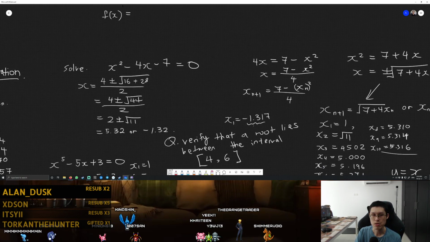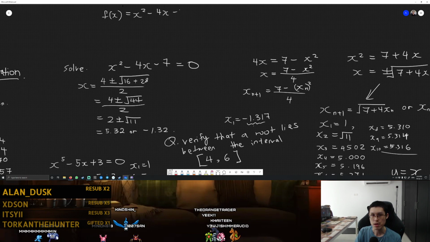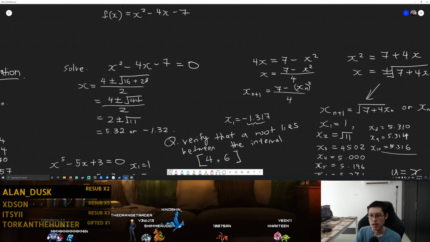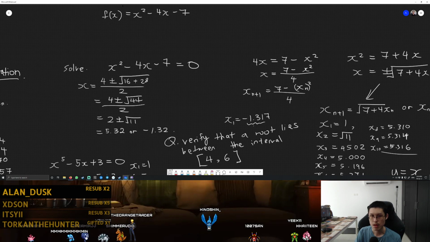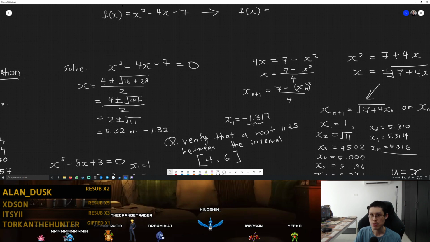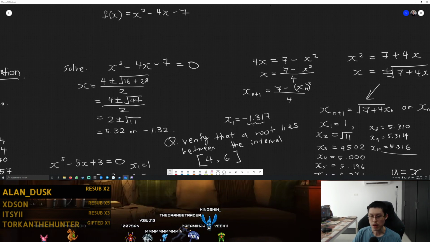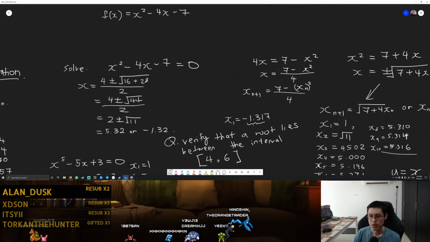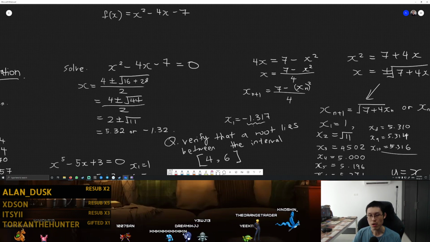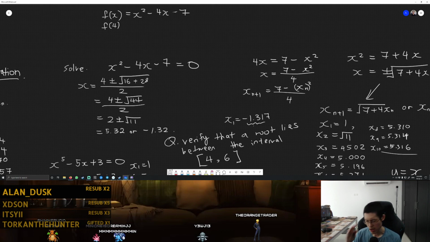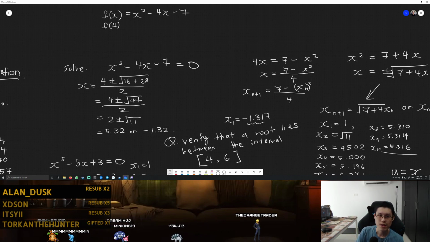So now you have f(x) equals x squared minus 4x minus 7. Okay, so once you've written it like this, what you want to do is you put in x equals 4 and see what you get.